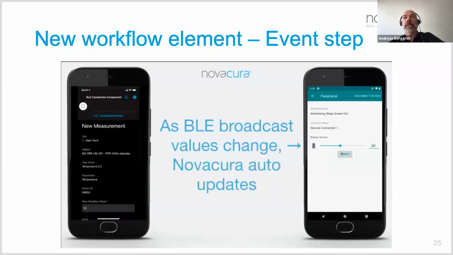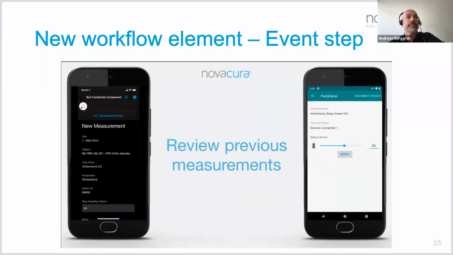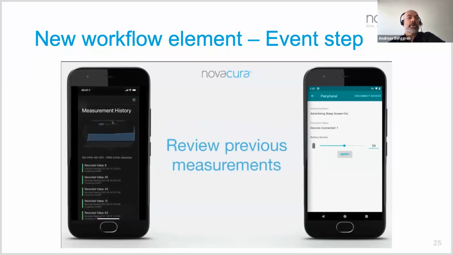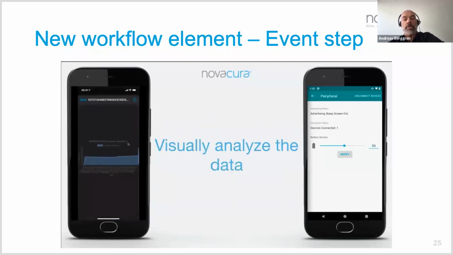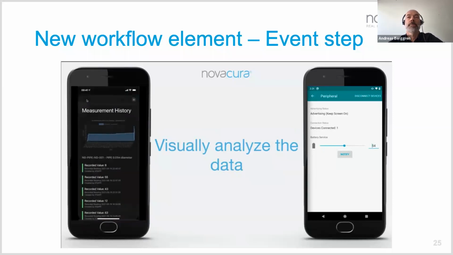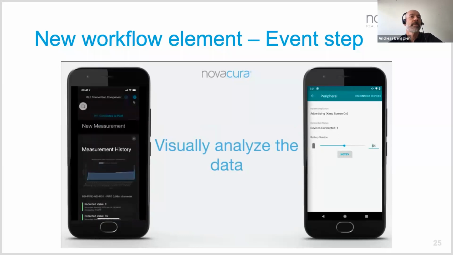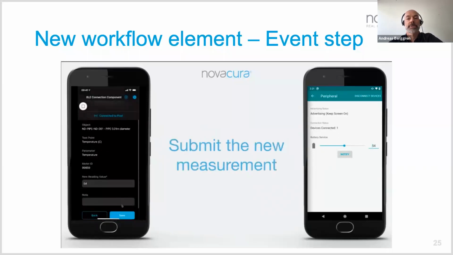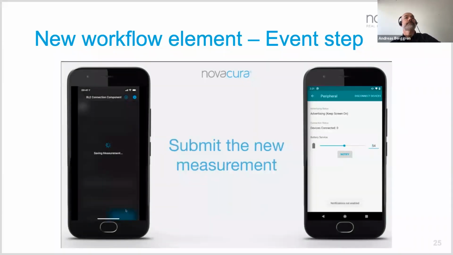It's notifying the Flow app of the readings. So in this sample app, you can also review previous measurements, both in values, and you can also visualize the data in a graph before you actually submit the reading.